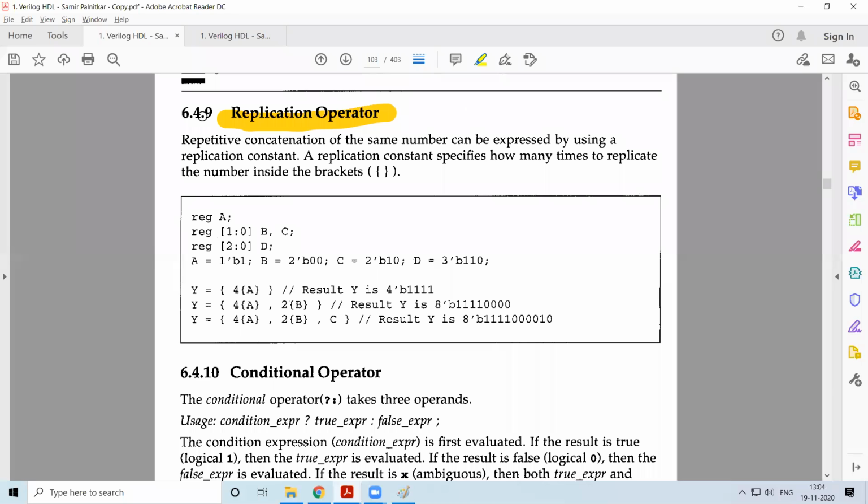That is, it has to produce some repetitive operation, to perform some repetitive action. So that is what it specifies. Repetitive concatenation of the same number can be expressed using the replication operator.